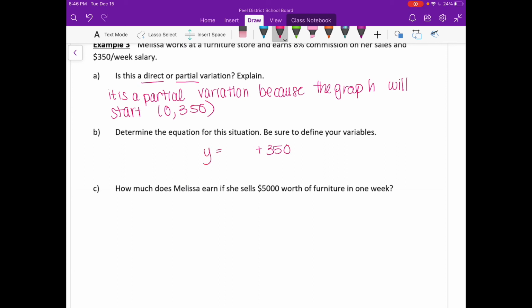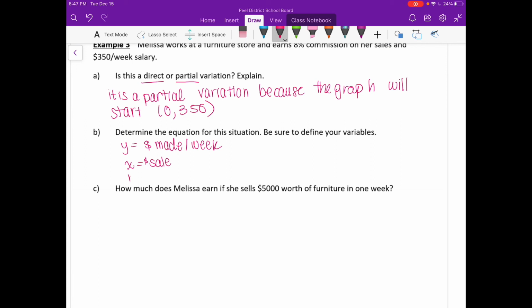Y equals. Let's define our variables first. So I'm going to say Y equals the amount of money she makes, money made per week. X is going to be the sales that she makes, so the dollars in sales that she makes, right?